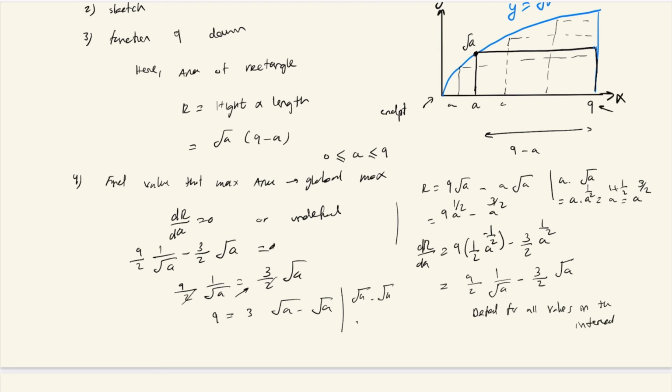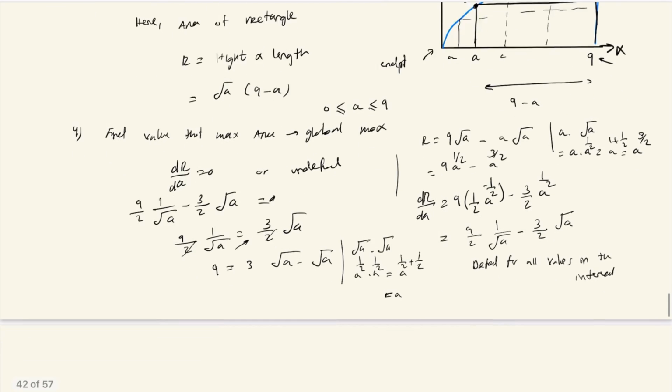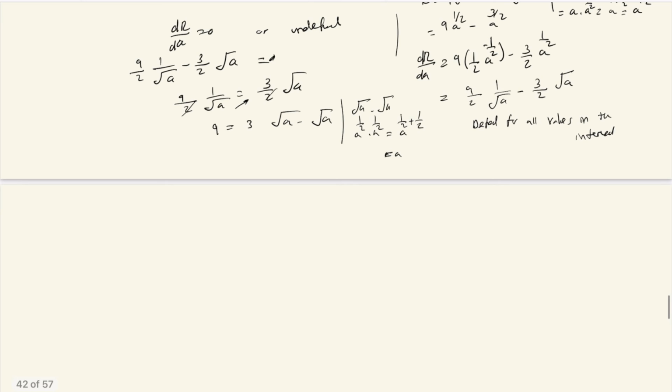That is just a to the power half plus half, which is a. Now we have 9 minus 3a, then a is equal to 9 over 3, which is a equal to 3. Note, a equal to 3 is in our interval from 0 to 9. Therefore, it's considered to be a critical point for the function r.